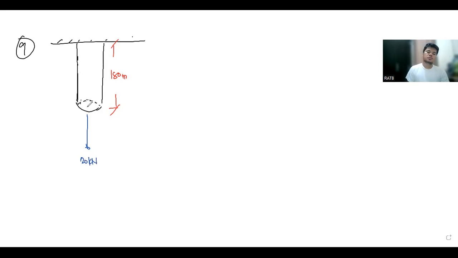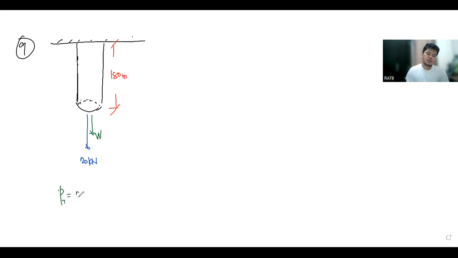And then also another load, indirectly, because this may also act as a load. That is the weight of the rod. So that means the total load of the rod, P total, is the total force experienced by the rod.